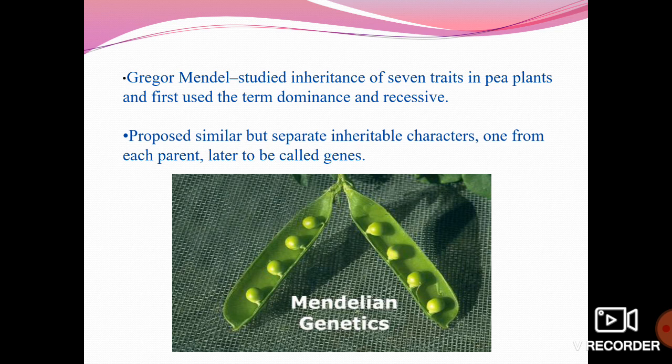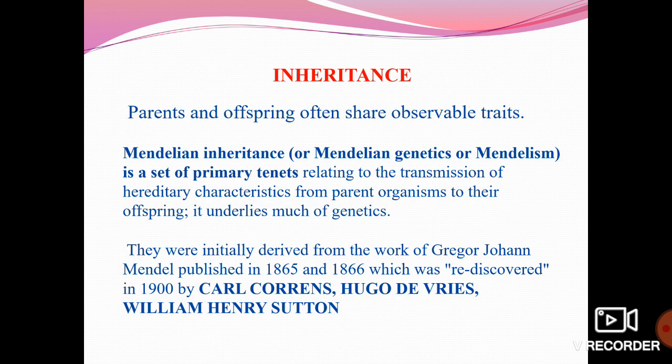So he was lucky that none of the 7 characters that he chose were in the same homologous pair, that no 2 or 3 of them were in the same pair of homologous chromosomes. As such, it became easier for him to understand and to do the experiments that he intended to do.